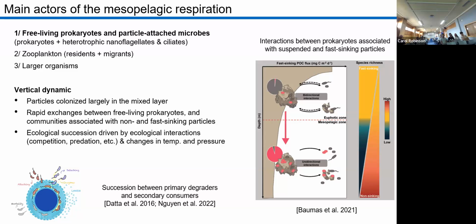And this succession is driven by ecological interactions such as competition, predation, and by the change in the quality of the substrate and changes in temperature and pressure. So this is not exhaustive, but it's just to highlight the recent findings about the structure and dynamics of the microbial community in the mesopelagic.